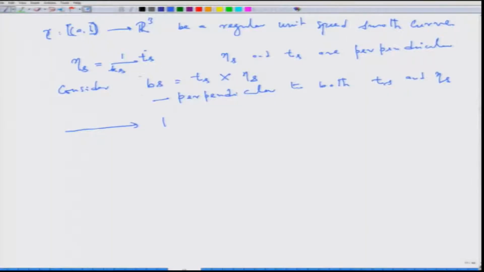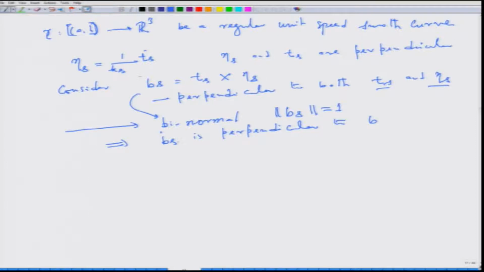This has a name and is called the binormal. Of course, this is a unit vector, and for any unit vector, B dot(s) is perpendicular to B. Now, B is perpendicular to both T(s) and eta(s), and B dot(s) is perpendicular to B.